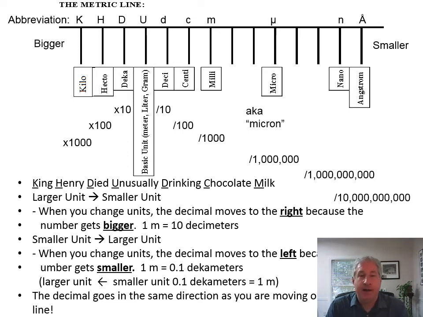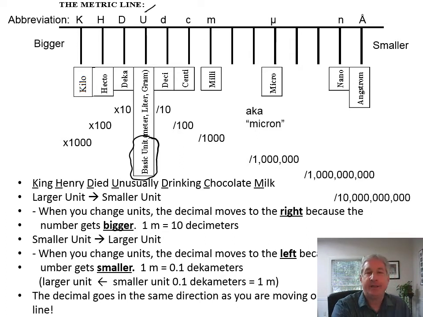So, all right. Now that you know what the meter is and how it's defined, let's talk about the metric line. This is your basic unit here. This would be meter, or gram, or liter. That's why I put a U right up here.